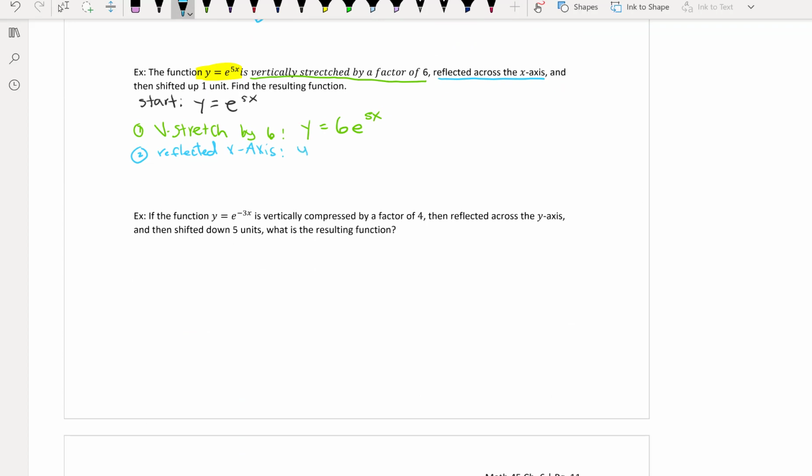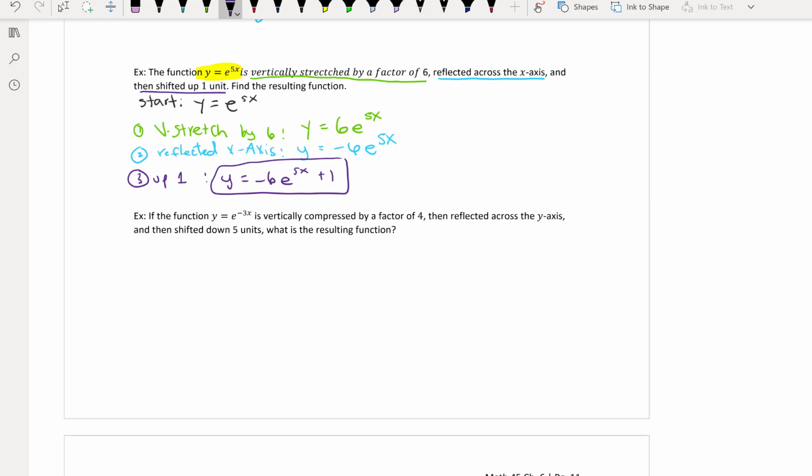So y is equal to negative 6e to the 5x. The next thing it says is that it's shifted up 1 unit. That tells me I'm going to have a plus 1. So y is equal to negative 6e to the 5x plus 1. And that is my final answer. There isn't any more to do.